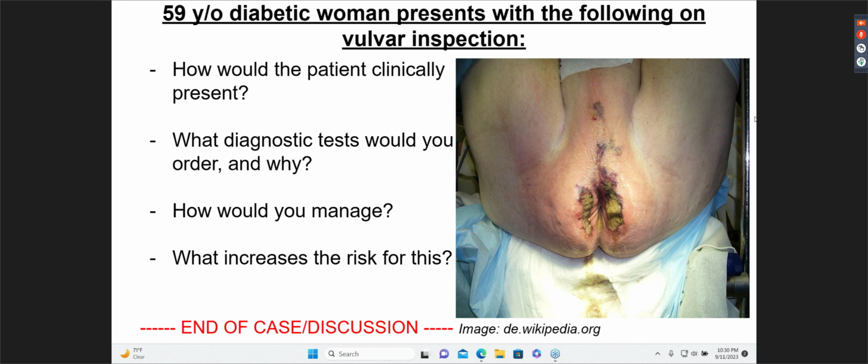And then Adriana is saying clindamycin for toxin. What do you mean by toxin, Adriana? Antitoxin. Still don't know what you mean by that. So you're talking about C. diff? Is that what you're talking about, Adriana?